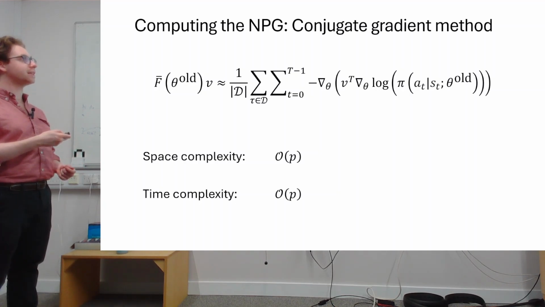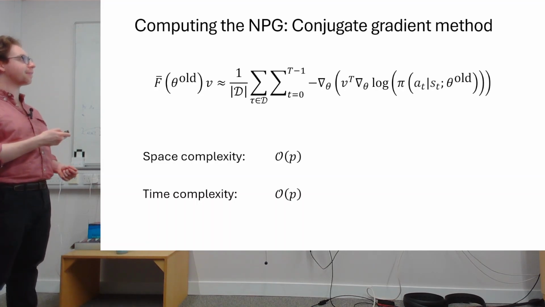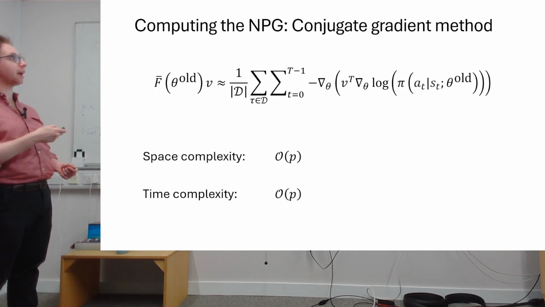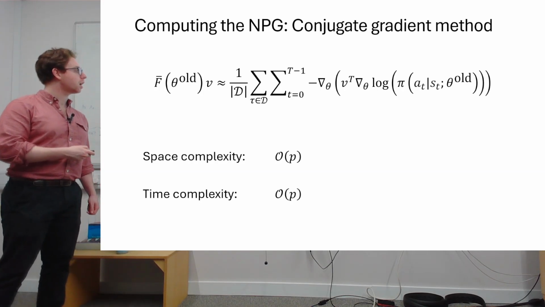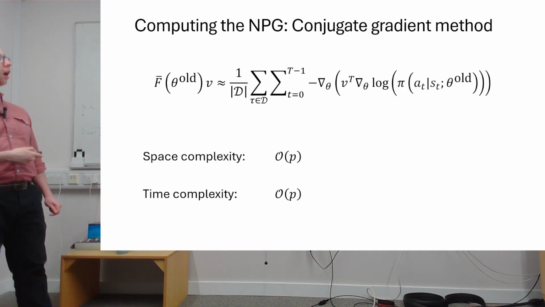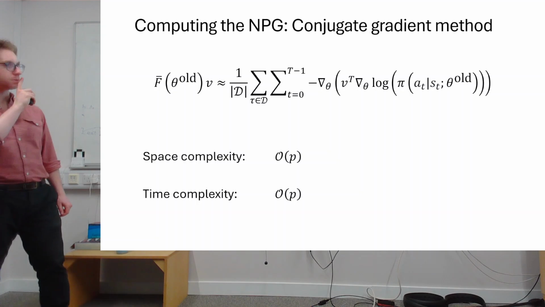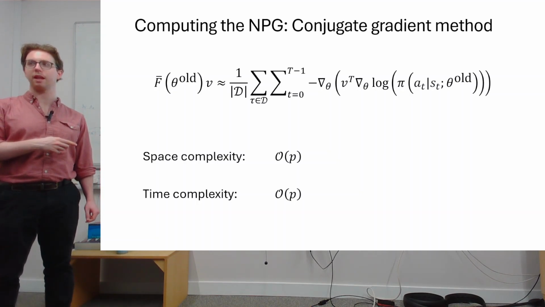This vector and this vector both live in p-dimensional space, and then I take the inner product of them to get a scalar, and take a gradient again to get back to p-dimensional space. So my space complexity never goes above p, and my time complexity is also only order p, because taking this gradient is order p, and taking the second gradient, acting on this scalar, is also order p. Does anyone have questions about this? This is perhaps the conceptually hardest part of this lecture.